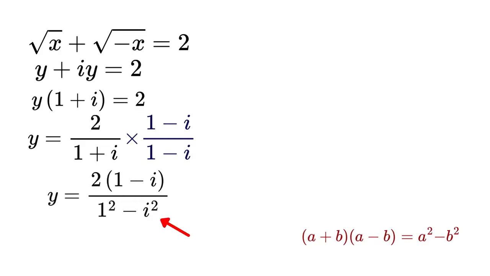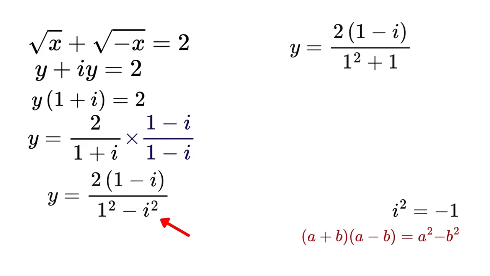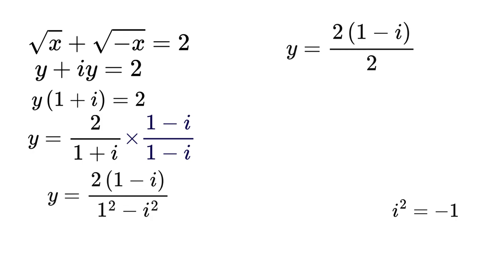But we know that this iota square equals minus 1. So it becomes 1 minus minus 1. And minus minus becomes plus, so 1 plus 1 equals 2. So the denominator becomes 2. And the whole thing becomes y equals 2 into 1 minus iota over 2. This 2 and this 2 cancel, and we get y equals 1 minus iota.